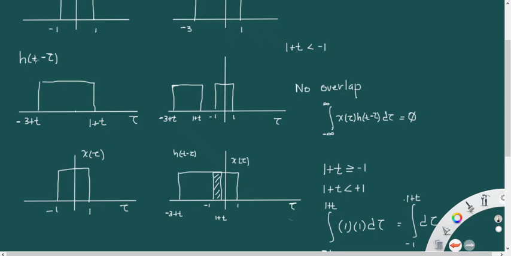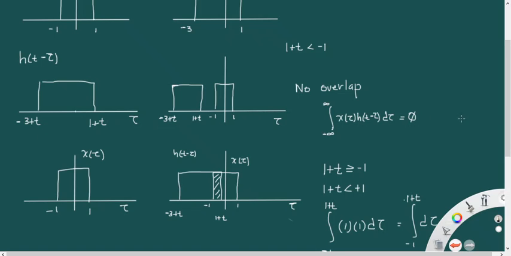So this h of t minus tau will become this general expression. That's the reason why we don't have any reference line here indicating the zero, because there is no zero here. We are moving this h of t minus tau to the left or to the right, just as indicated by this tau value in this graph.